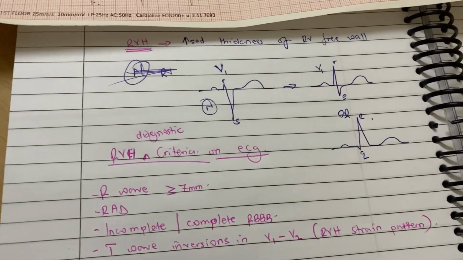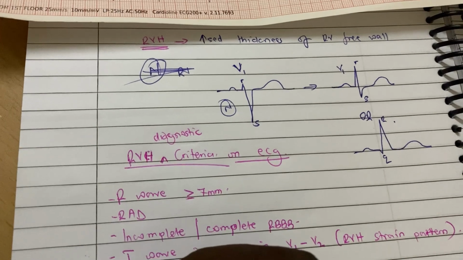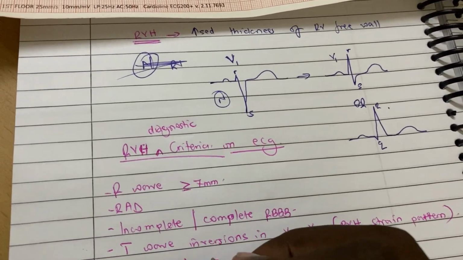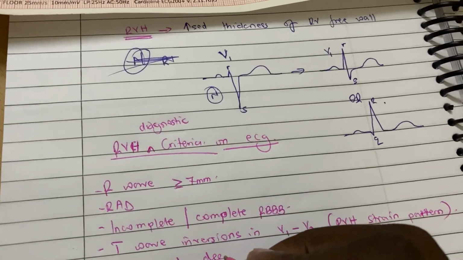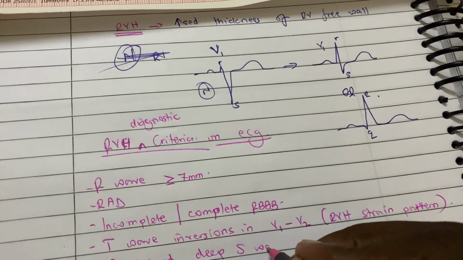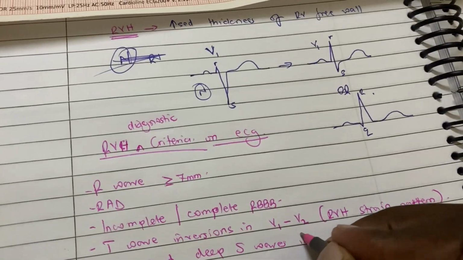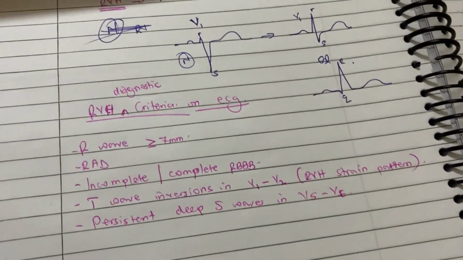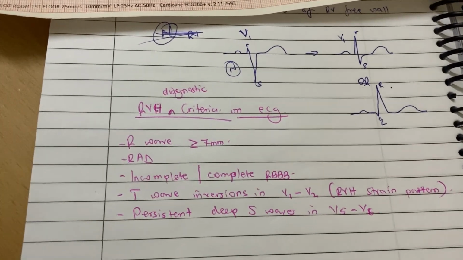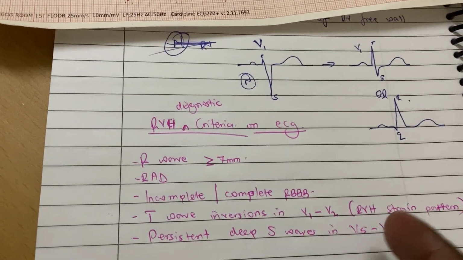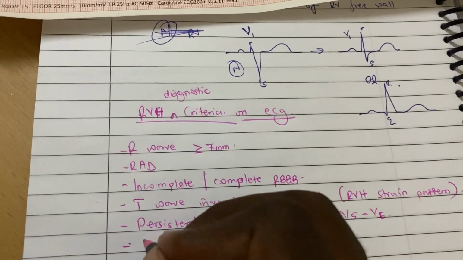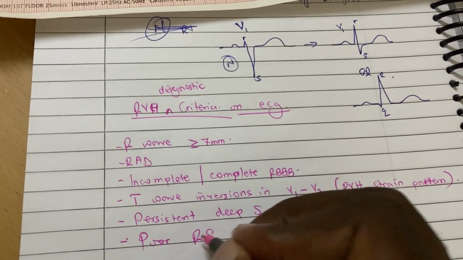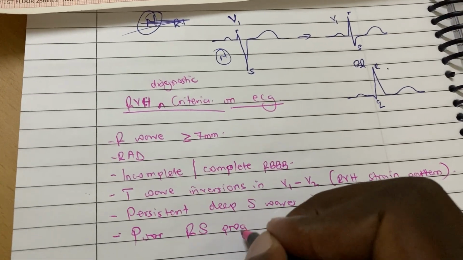And then other things you can look for are persistent deep S waves in V5 or V6. They remain there, and since they remain there, it will result in poor RS or R wave progression.